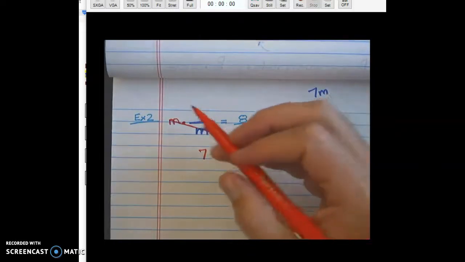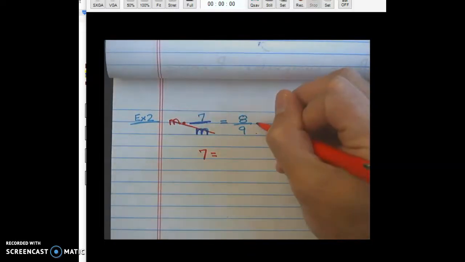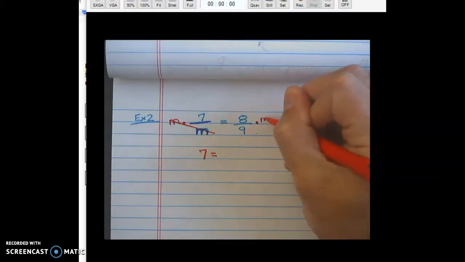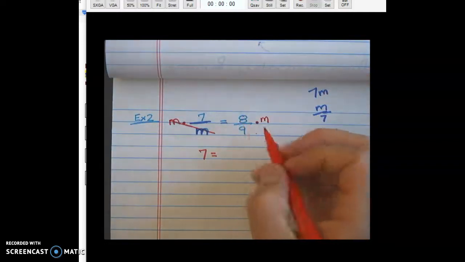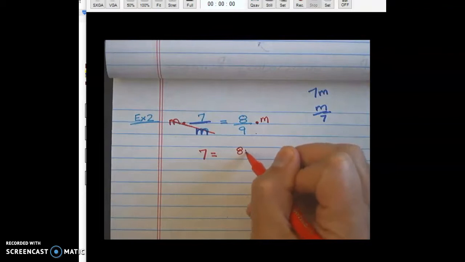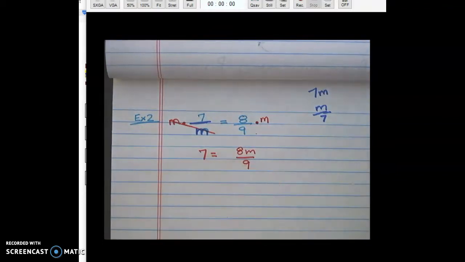But if I multiply by m on one side of the equal sign, to keep it equal, we're going to have to multiply the other side by m. So that's like multiplying it by m over 1. And so when I multiply that, I get 8 times m, still divided by 9.